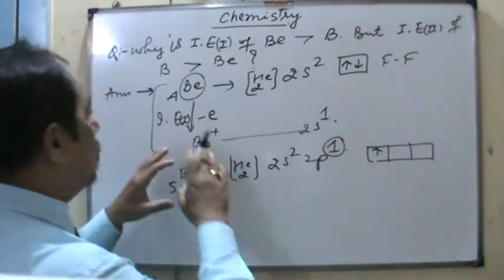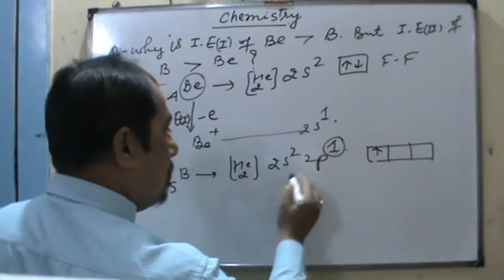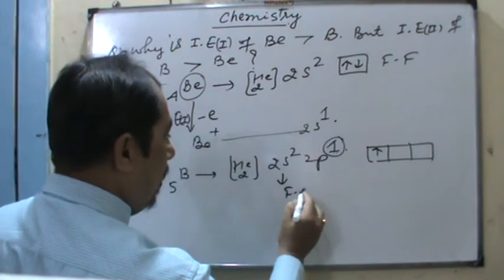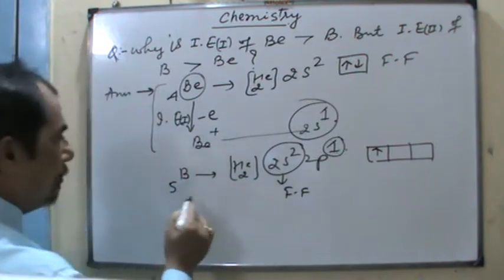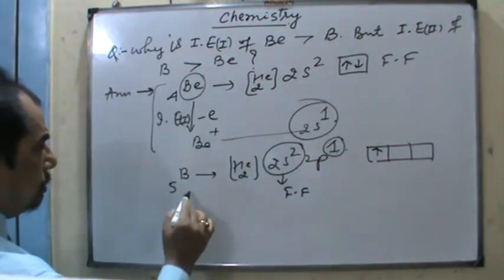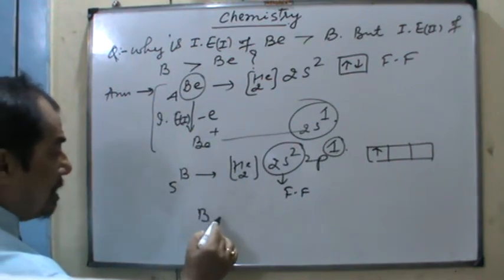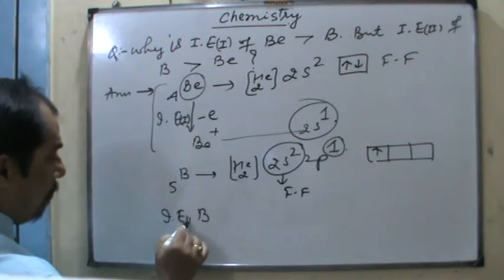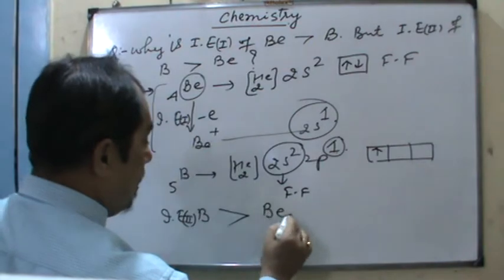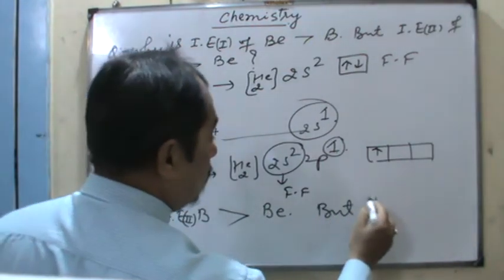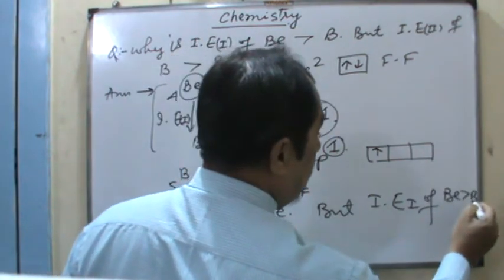Once boron has lost 1 electron, it becomes fully filled 2s2 and only 1 positive. Therefore, once you lose the second electron, the second ionization energy of boron is greater than that of beryllium, but the first ionization energy of beryllium is greater than that of boron.